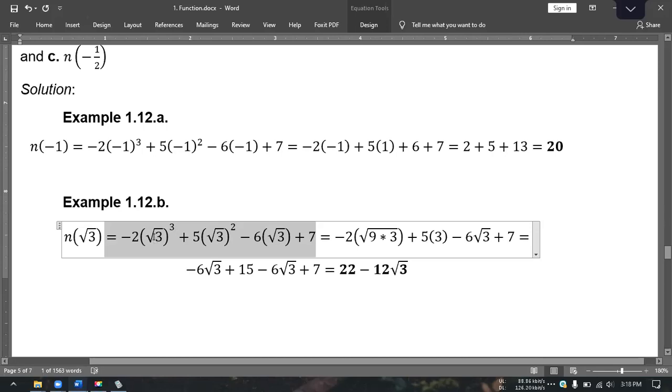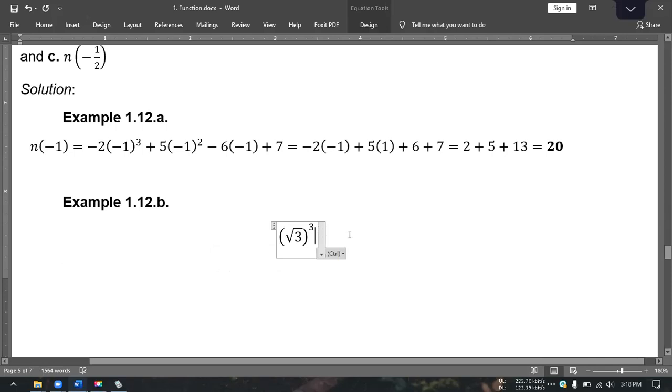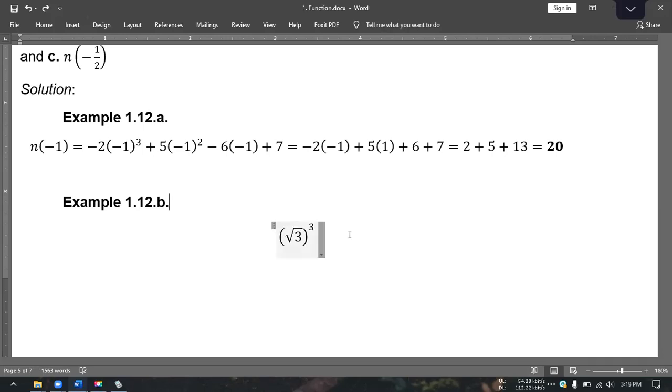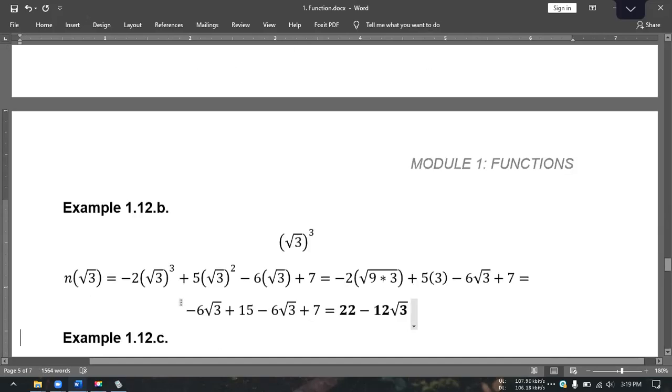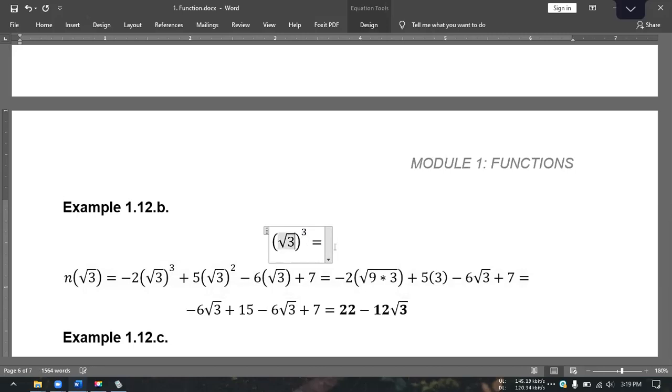So let me show you how we simplify this. If you review the laws of radical, this expression is just the same as this expression.